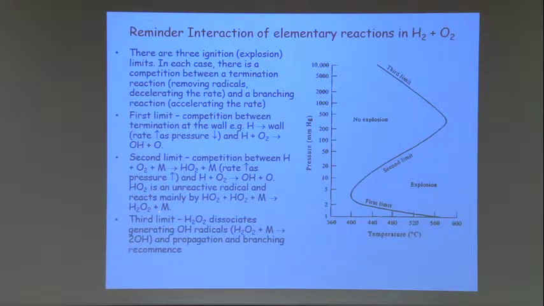There should be an O2 in there as well. So that's HO2 plus HO2 forming hydrogen peroxide plus O2. And then the dissociation of hydrogen peroxide. So all of these have been studied by a variety of techniques. And what we'll do now is have a look at the data.